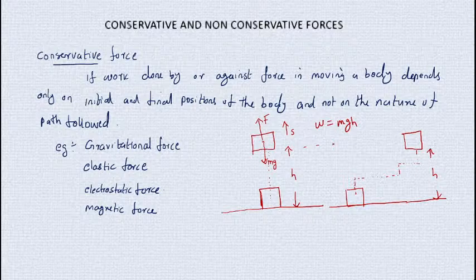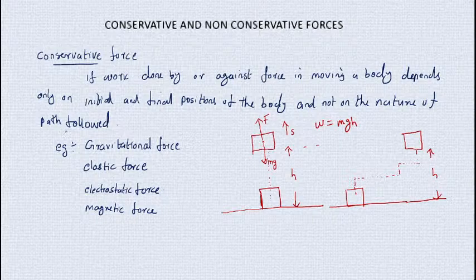Okay. So what I have explained here, in the first case you have raised the body to exactly a particular height h, and the work done we can write as mgh. In the second case, as a second example, the same body is raised to the same height but through a different path.